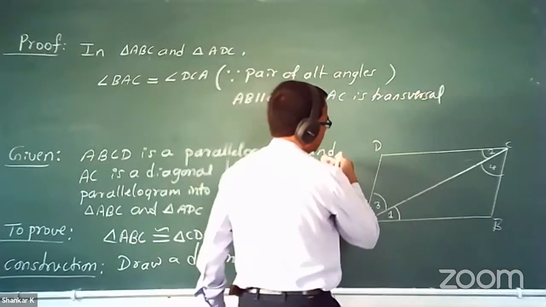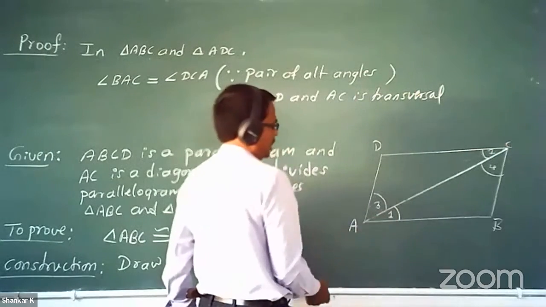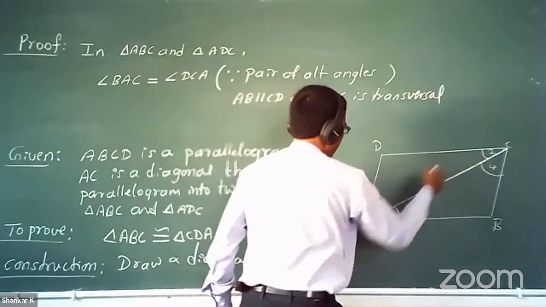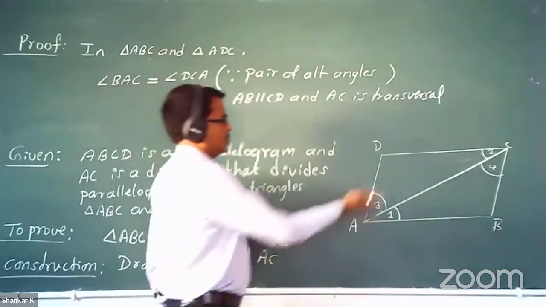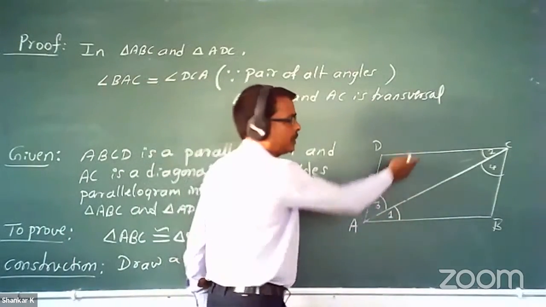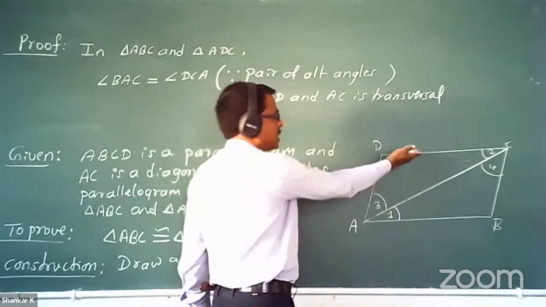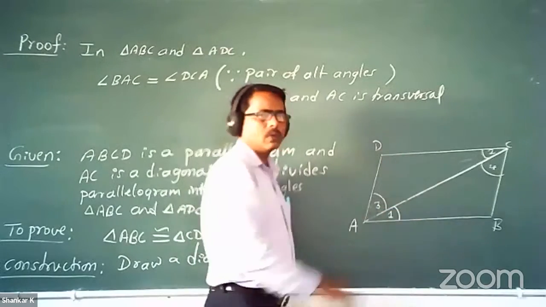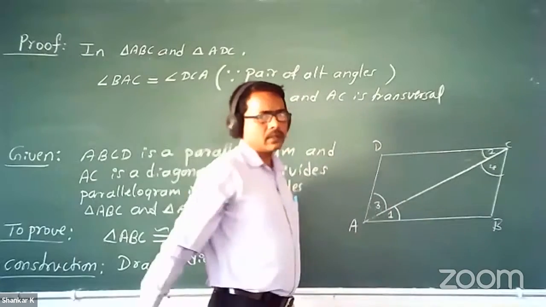AB and CD are parallel lines and AC is a transversal. Therefore, 1 and 2 are a pair of alternate angles. Since the lines are parallel, a pair of alternate angles are equal.